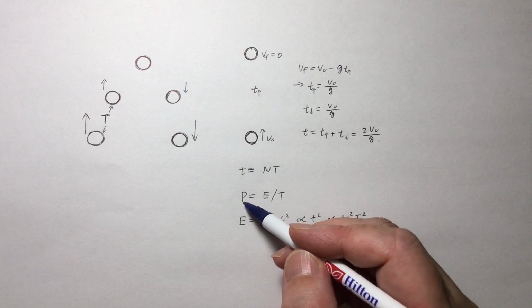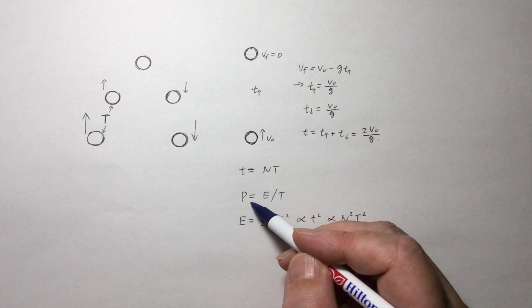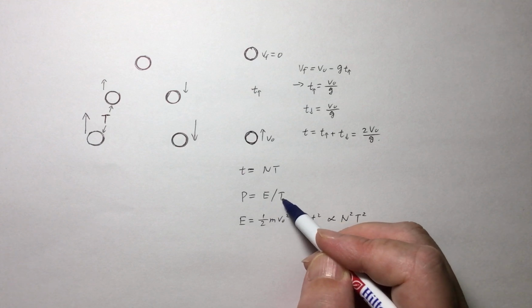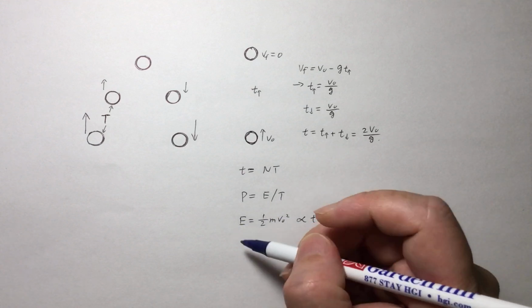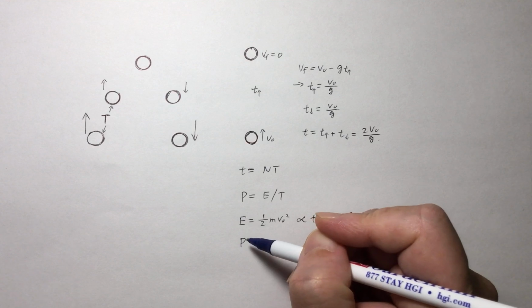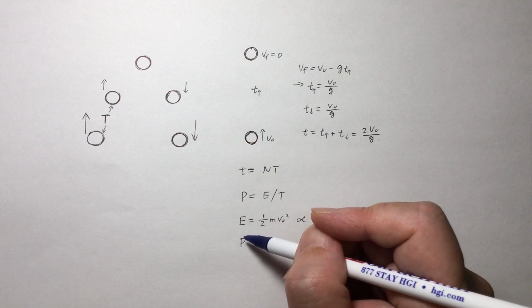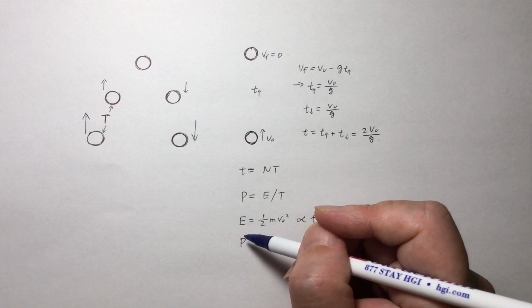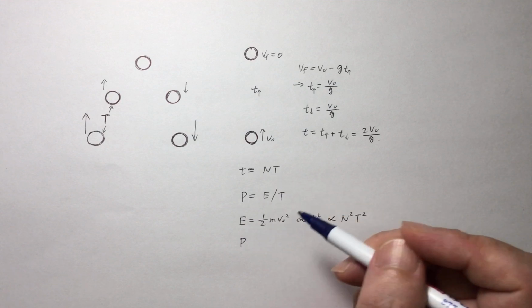Now, because P, the power, is energy over time, P is the minimum possible power required for the juggler to continue juggling.